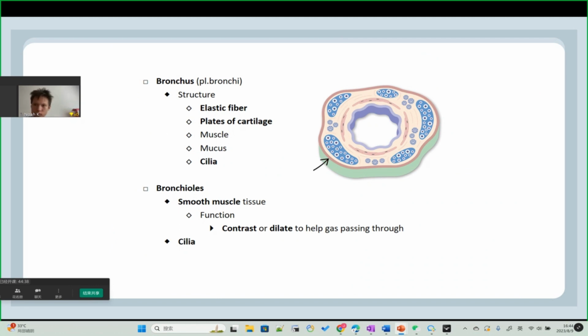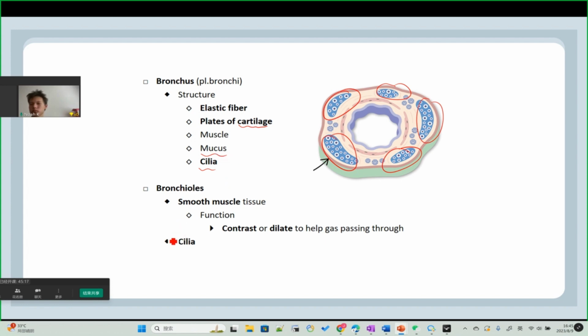And then it's about the bronchus. For the bronchus, the cartilage is in the form of plates. As you can see here, it's not a complete structure. Although the bronchus has cilia, it also has goblet cells, and it contains elastic fibre, allowing it to expand slightly.